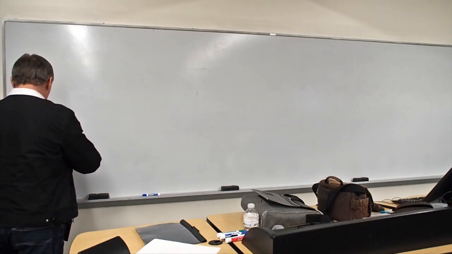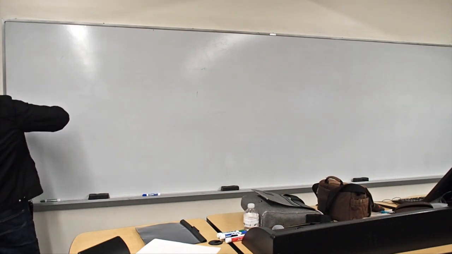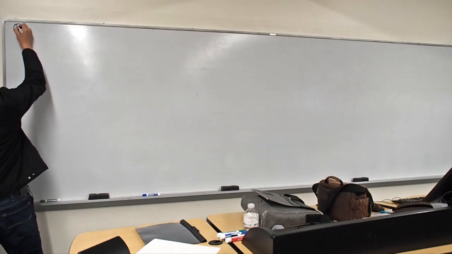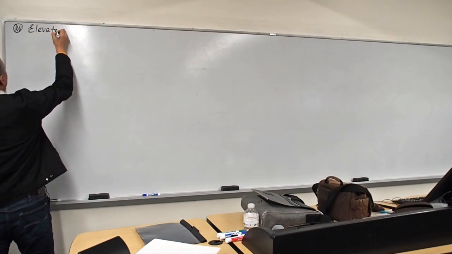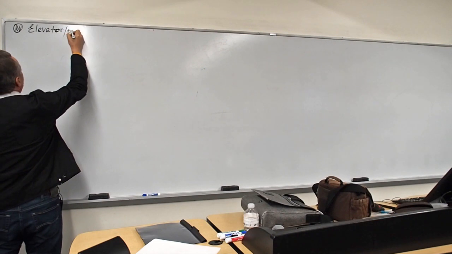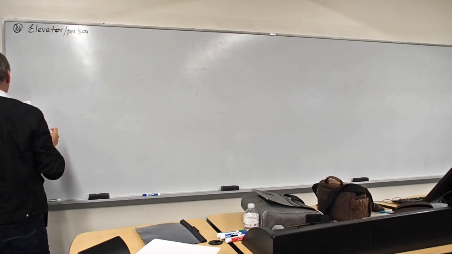So if a question is about apparent weight, it just basically means what's the normal force acting on the person. Right? Because again, I don't feel my weight directly. I feel my weight indirectly through the normal force. Right? Okay. So let's assume that there's somebody or something in the elevator. It's a classical problem, an elevator, and some person inside or some box inside.